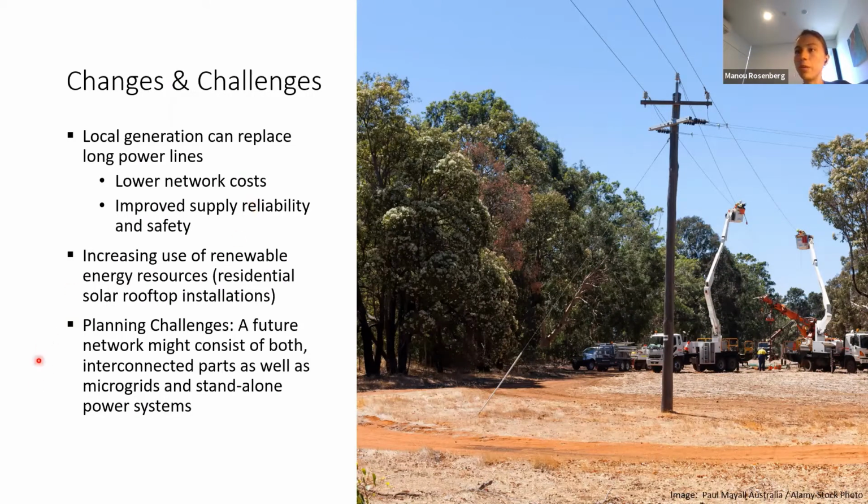If we look at the future plans of network operators, when they talk about future grids, that includes a more modular grid structure that has some interconnected network parts, but also some parts that are disconnected and self-sufficient, called microgrids. So basically smaller network parts that are isolated and can operate on their own, or so-called standalone power systems.